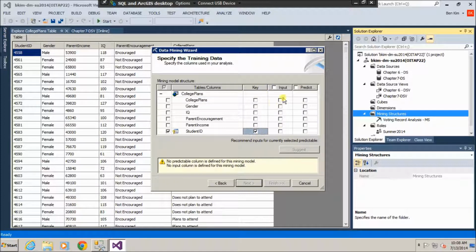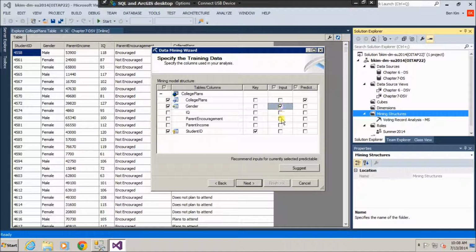And then we need to specify which one we're going to use for input and predict. So we'll predict college plan, whether a person is likely to go to college or not, and we'll use as our input gender, IQ, parent encouragement, and parent income.